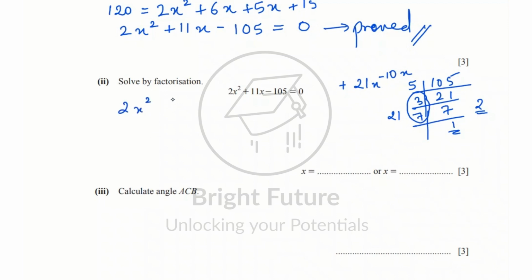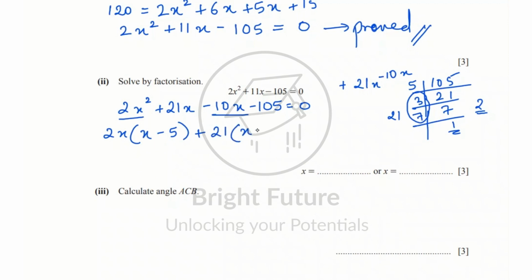So 2x square, split the middle term, plus 21x minus 10x minus 105 equals 0. Now let's take these two terms. 2x is common, we leave x minus 5 over here, plus 21 times x minus 5 equals 0.